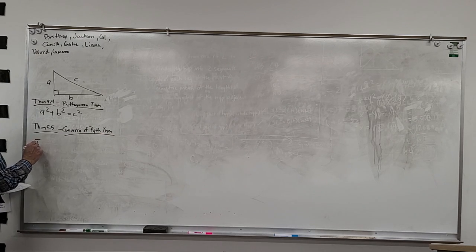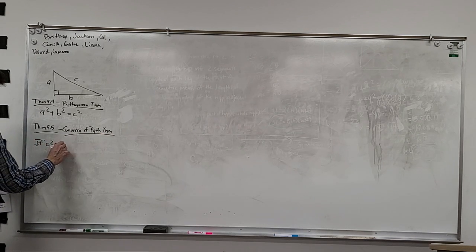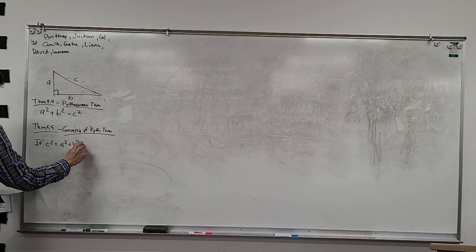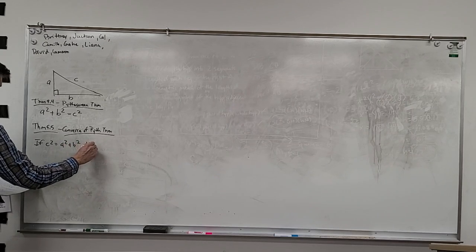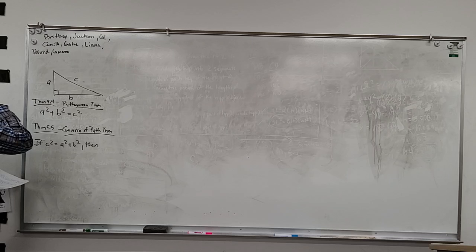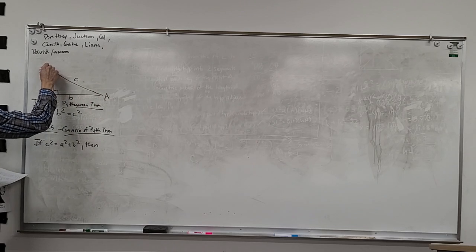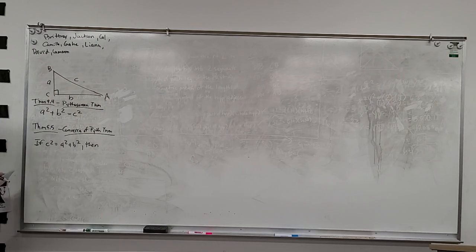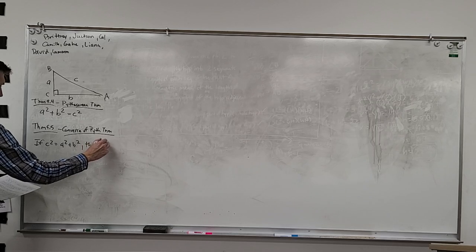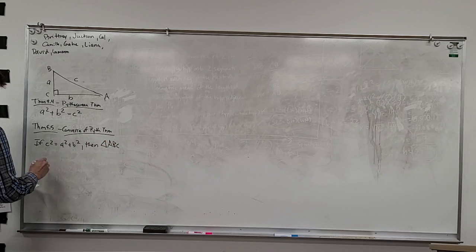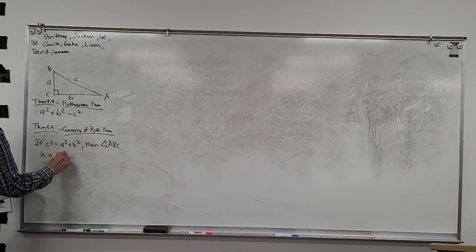And it just says if c squared equals a squared plus b squared, then if we were to label this triangle so that we had a triangle A, B, C, so that the angles opposite the sides equal the capital letter of those letters corresponding to the side, then triangle ABC is a right triangle.